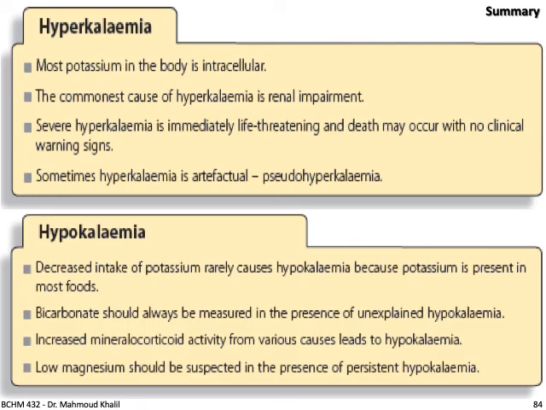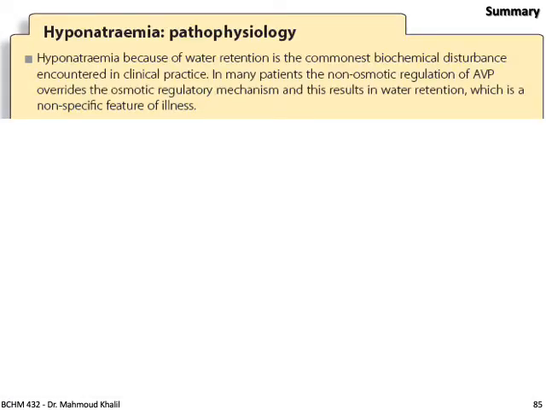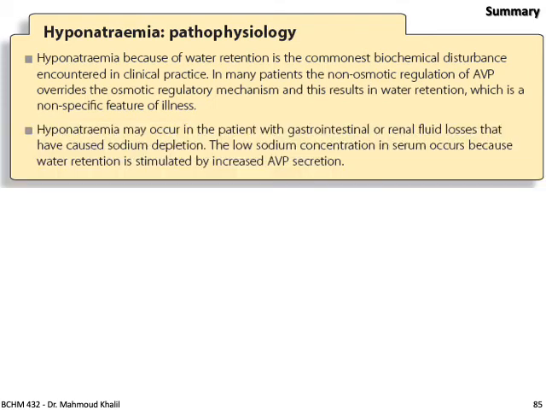This slide summarizes the main points concerned with hyperkalemia and hypokalaemia, as well as hypernatraemia pathophysiology, how it affects AVP control, and how hypernatraemia is controlled by gastrointestinal or renal fluid losses that have caused sodium depletion.